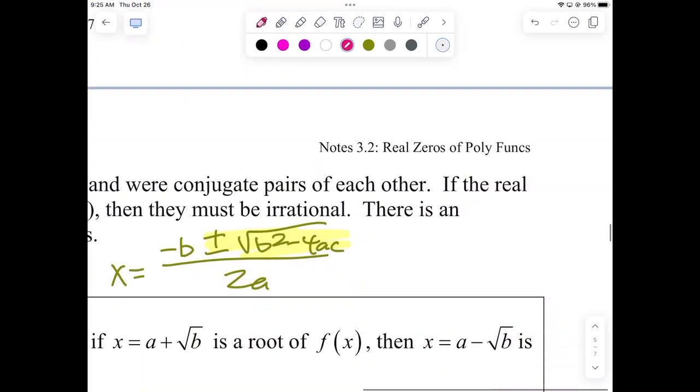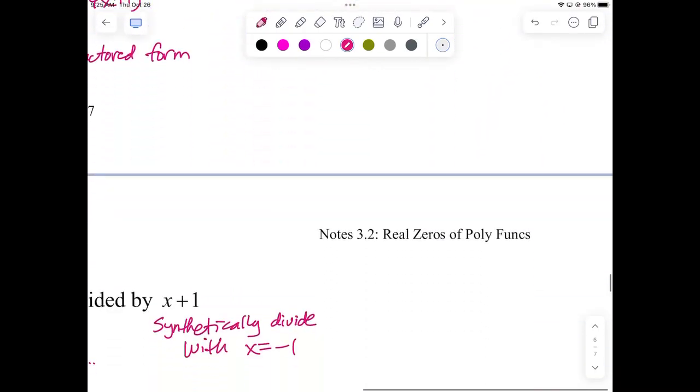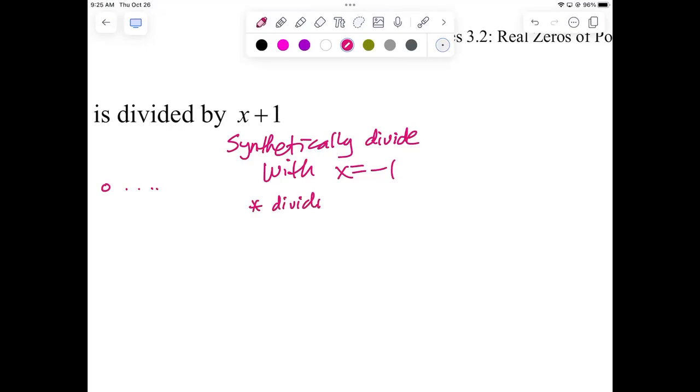There's a better way to do it. Instead of synthetically dividing with x equals negative 1, I can just say this right here. Dividing by x plus 1 is the same as f of negative 1.